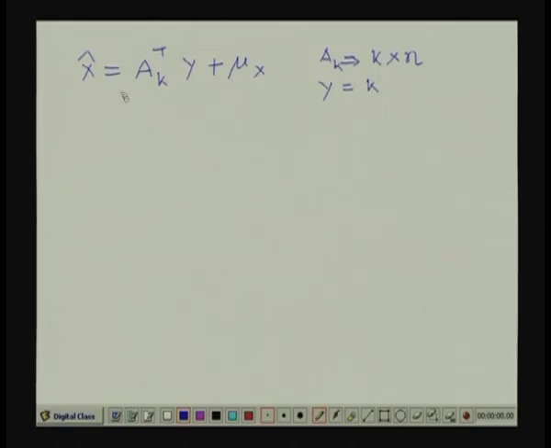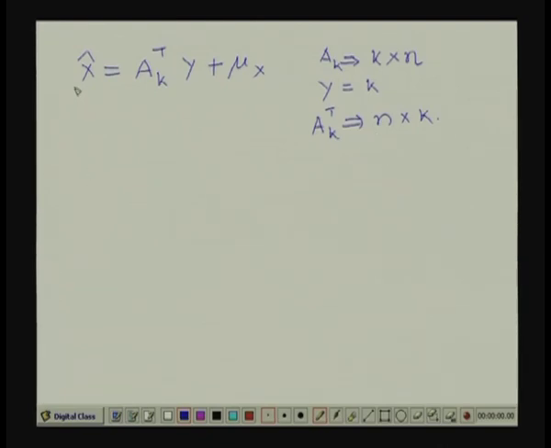When I take A k transpose, it becomes of dimension n by k. If I multiply this matrix A k transpose, which is of dimension n by k, by this vector y, which is of dimension k, obviously I get a vector which is of dimension n by 1.